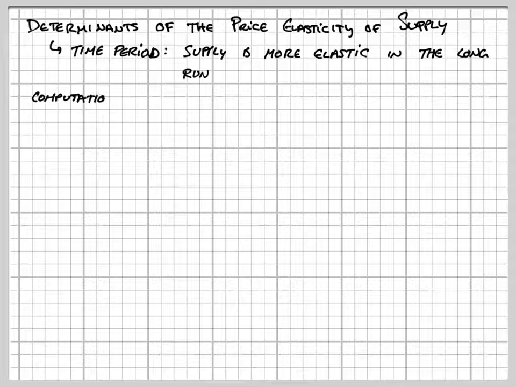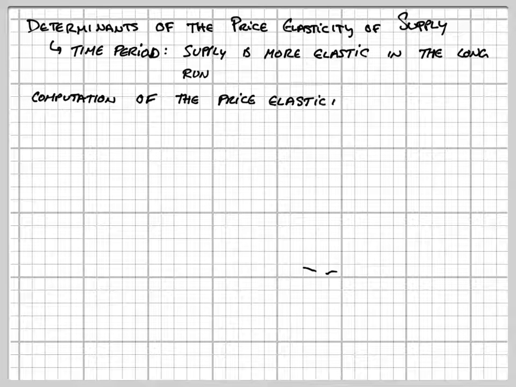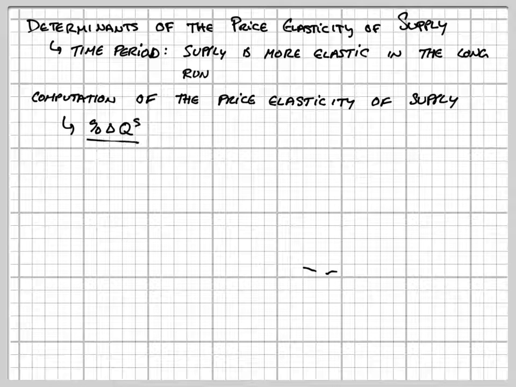So the computation of the price elasticity of supply is exactly the same as the computation of the price elasticity of demand. So, again, it is the percentage change in quantity supplied divided by the percentage change in the price of the good.